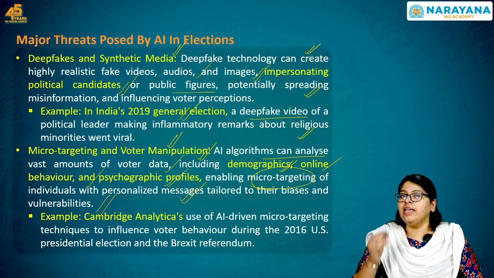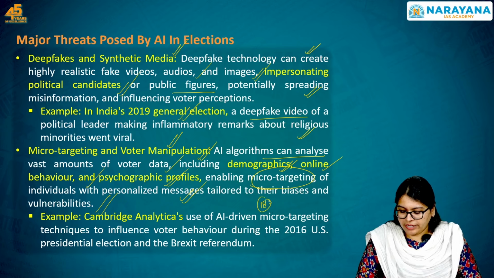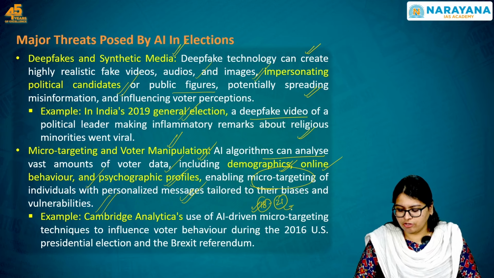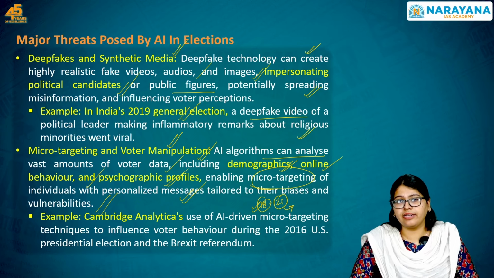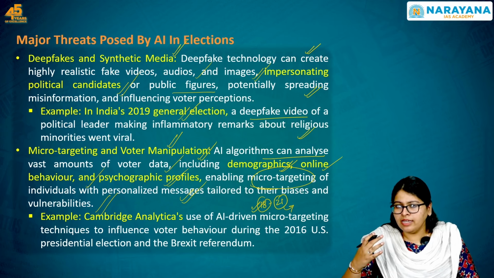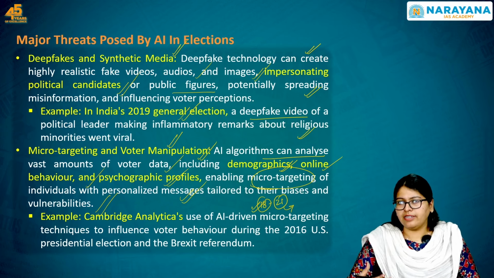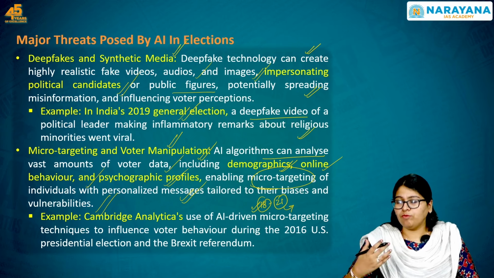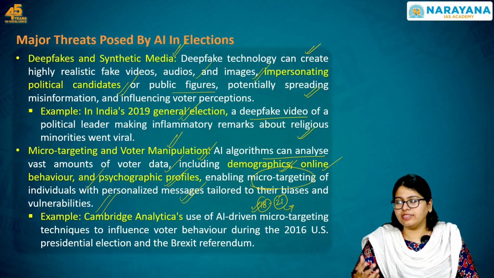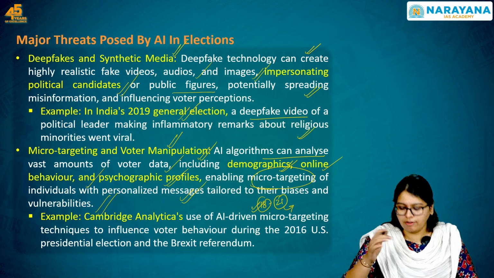For example, if you are a voter in the age demographic of 18 to 21 years, searching for enrollment in education or looking for a job, what happens? The micro-targeting targets you and provides you the details of all the schemes run by the current government or the opposition party, what they have done for you and what they will be doing if voted to power. So this is how they will influence our voter behavior.